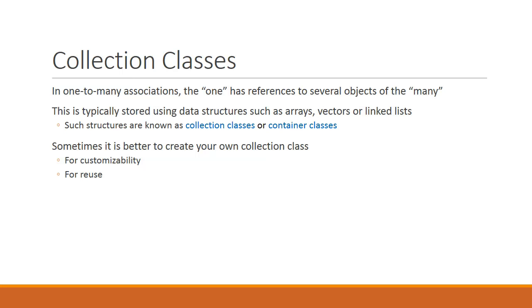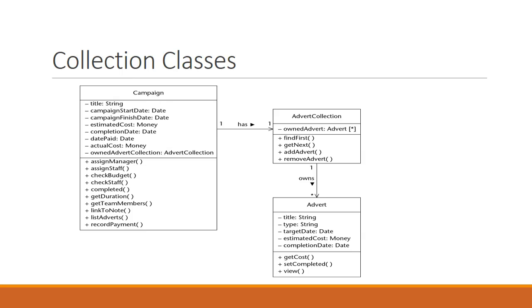Let me show you. Here we have a campaign class, and the campaign contains multiple adverts. In this example, we make use of an advert collection class. We see that a campaign has an attribute called ownedAdvertCollection of type advert collection. A campaign has exactly one advert collection, and an advert collection belongs to exactly one campaign.